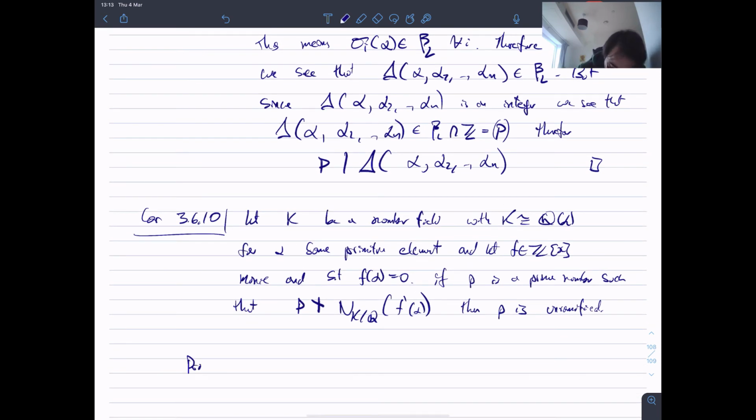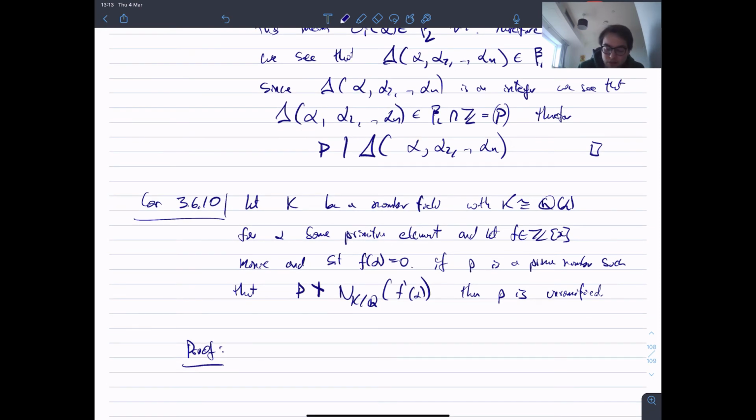So to prove this, using f instead of the minimal polynomial is somehow a red herring. Somehow the minimal polynomial will divide f, so it's not going to make too much difference.